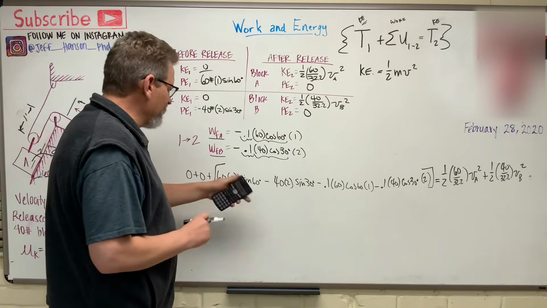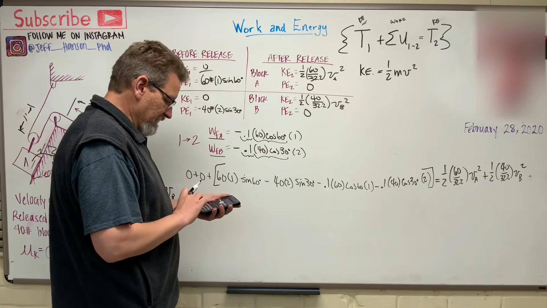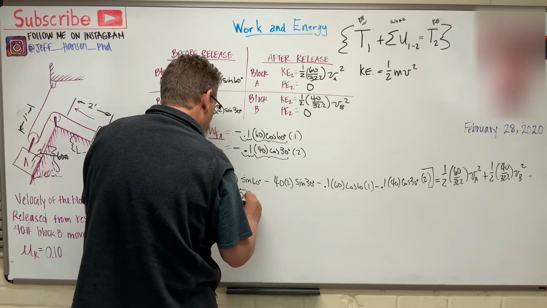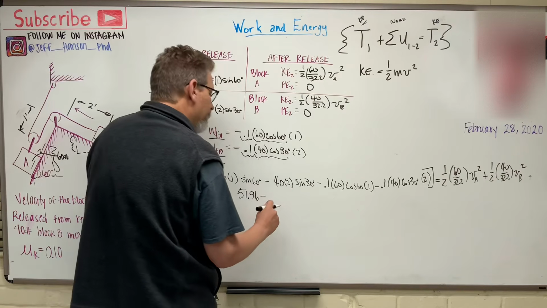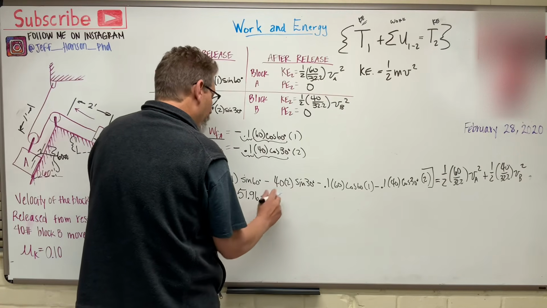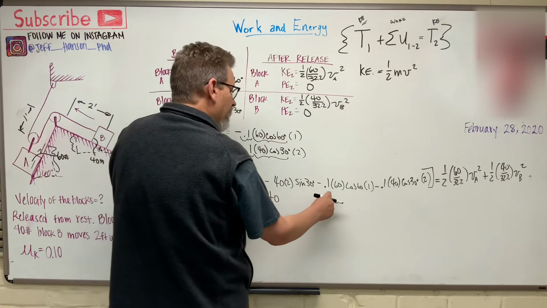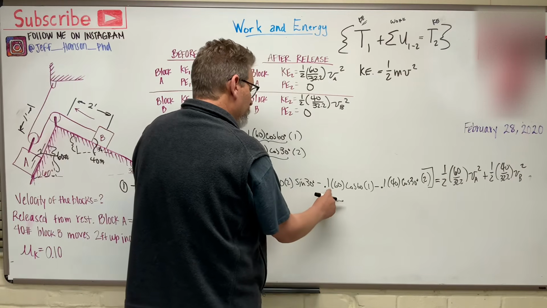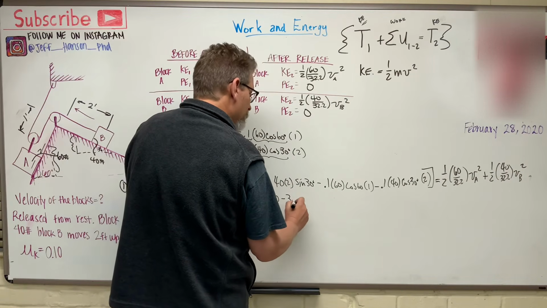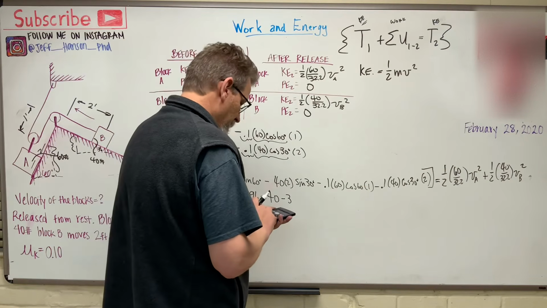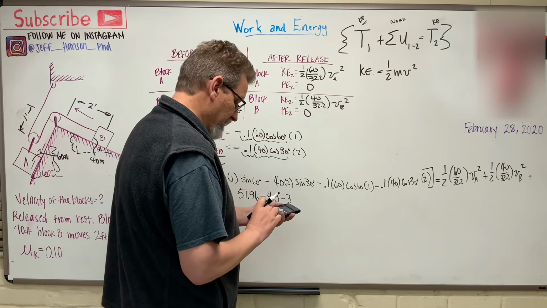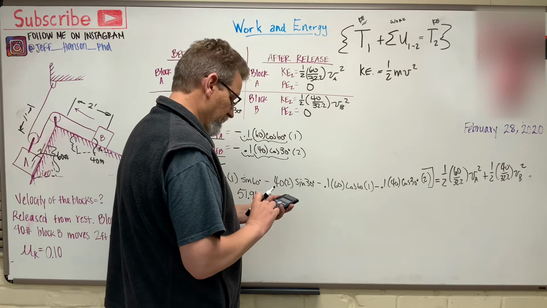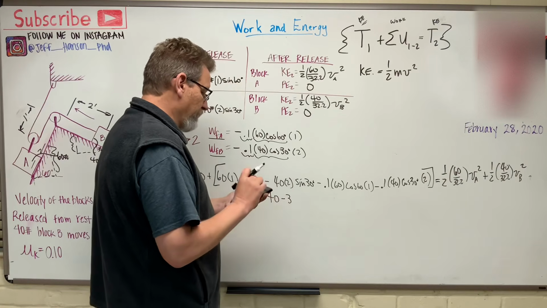Okay, so 60 times 0.866 is 51.96, minus 1/2 times 2 is 1, that's a 40. And what do we have here? 1/2 of 60 is 30, times 0.1 is 3, minus 3. And then over here I have 0.1 times 40 times cosine 30 times 0.866, times 2 equals 6.928.